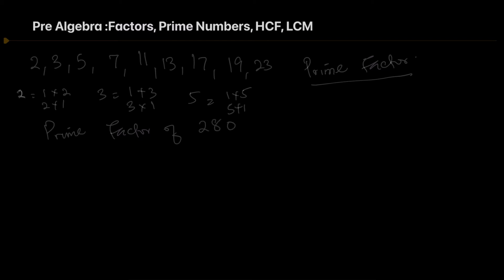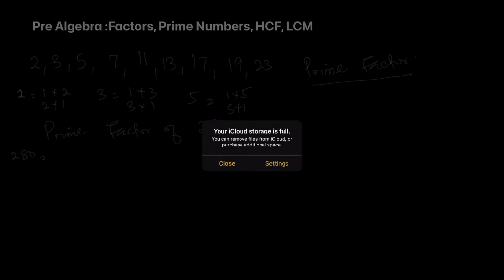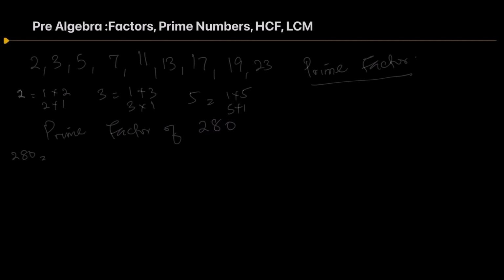So we're trying to find the prime factor of 280. We try to break down 280, and then we look at the parts of it that are prime numbers. So this is how we go. We go 280 now. So you have 1 times 280.